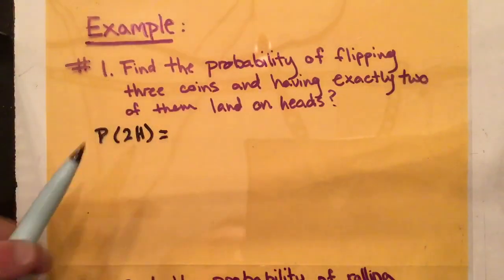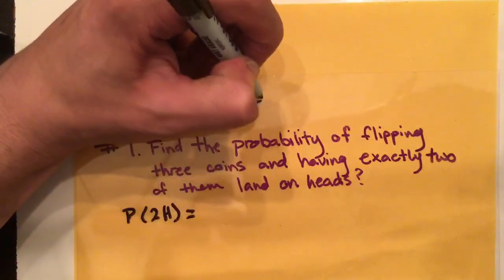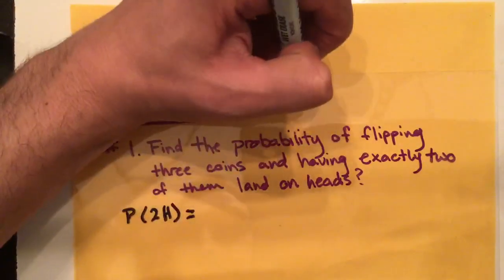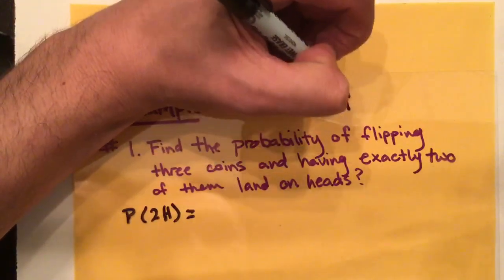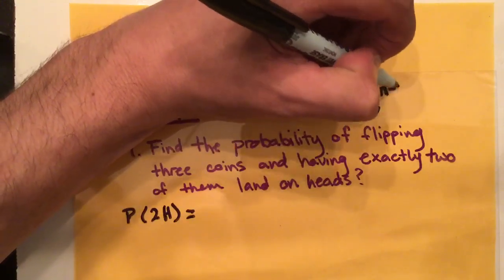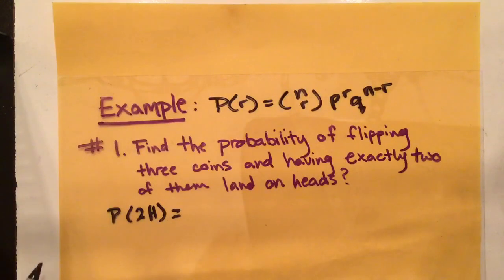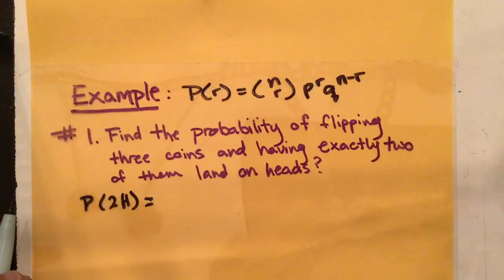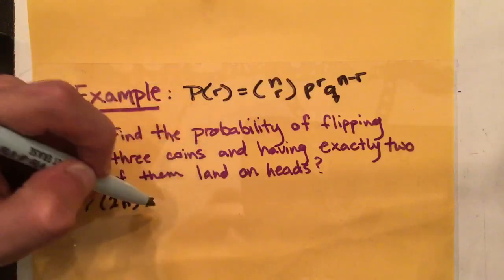If you remember, I'll go ahead and write it right here: the probability of R things occurring is equal to N choose R times P to the R times Q to the N minus R. That's the equation that we are going to be using for both these example problems. In this case, our N is going to be 3 and our R is going to be 2, because we are flipping 3 coins and we're trying to get 2 heads.